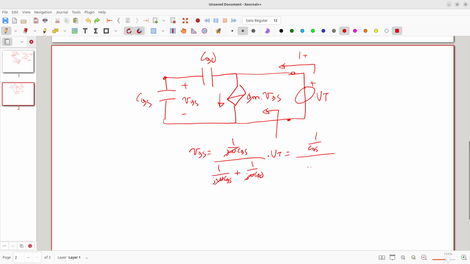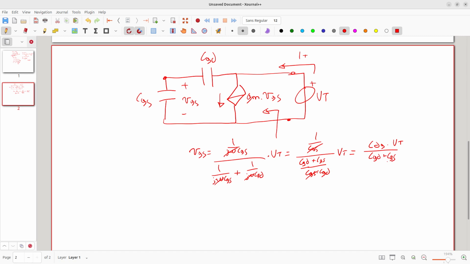So that will be CGS times CGD, and then I will have CGD plus CGS. This will go, and then I will have CGD times VT divided by CGD plus CGS.